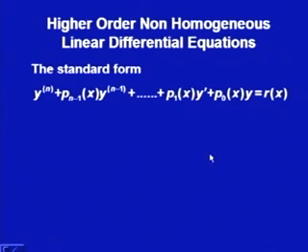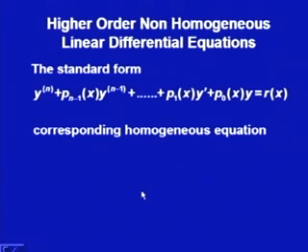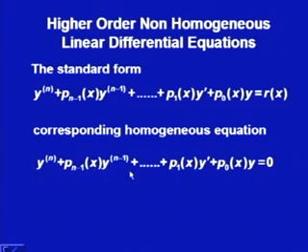So we have learned that its corresponding homogeneous equation would be simply y^(n) + p_{n-1}(x) y^(n-1) + and so on + p_1(x) y' + p_0(x) y = 0. That is, the right hand side becomes 0. This is the corresponding homogeneous equation.